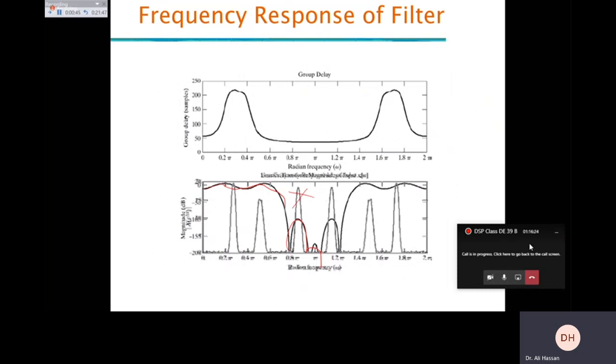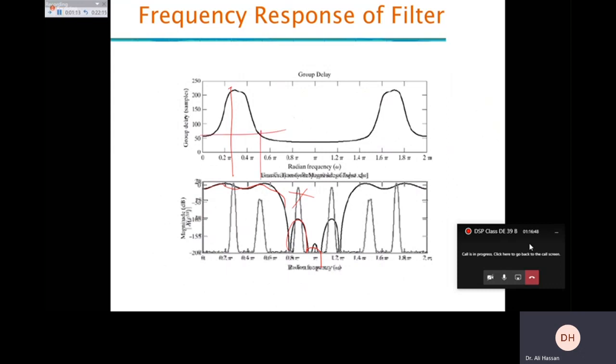If you look at this frequency, which is the low frequency, it is going to be delayed by around 220 samples. So this will appear, a group delay means this frequency will now be shifted to a new value, which is 220. And this frequency, which is the medium frequency, will be delayed by something around 40.